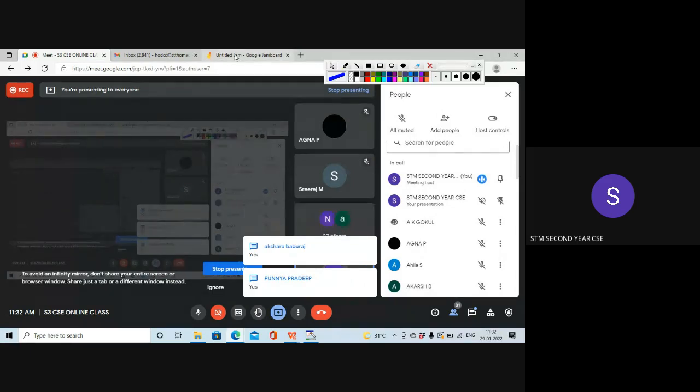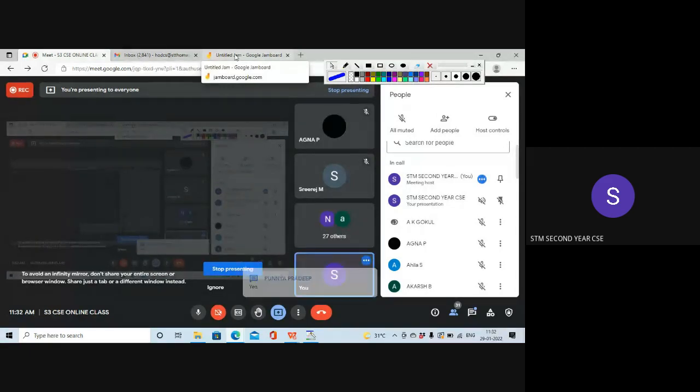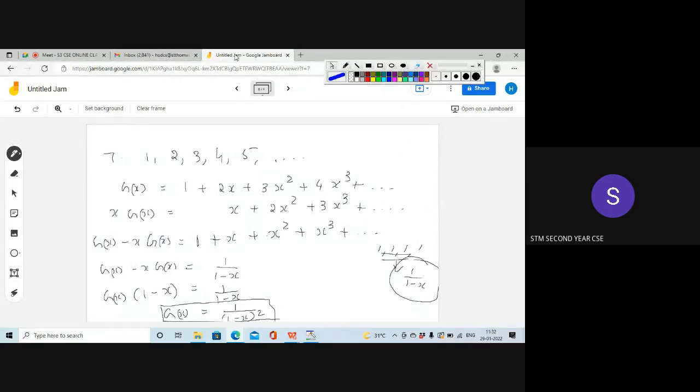So, where did we stop last class? I think we stopped with this series, isn't it? We were trying to write the generating function given a particular sequence of numbers. You will be given an infinite sequence of numbers, and we have to write down the function corresponding to this sequence, isn't it? Do you remember what we had discussed in the last class?